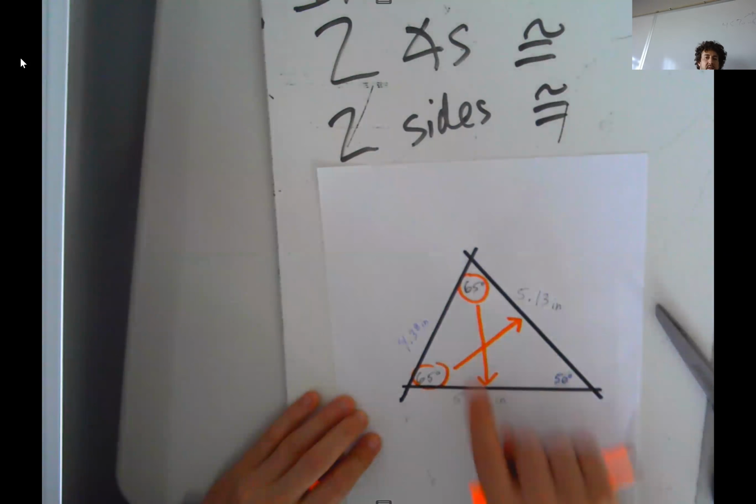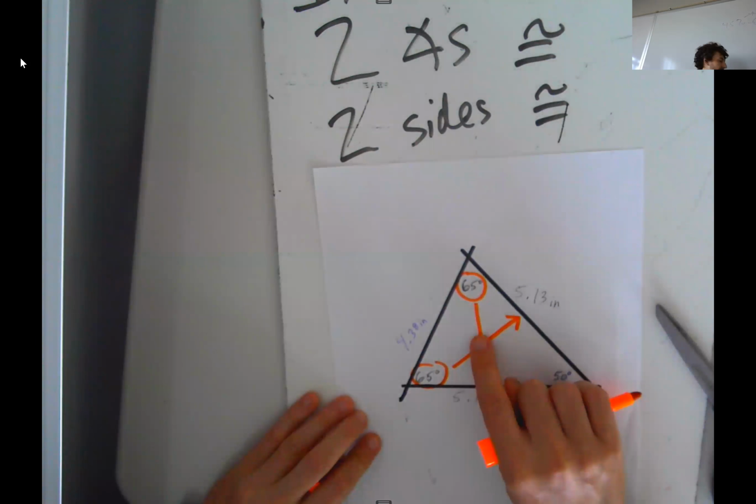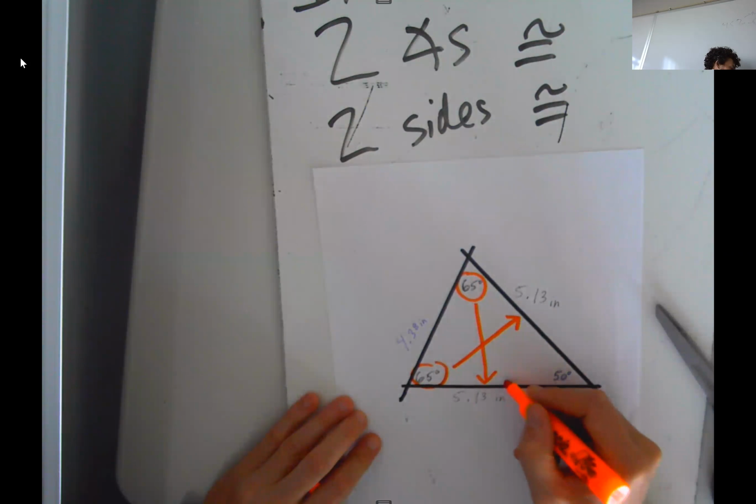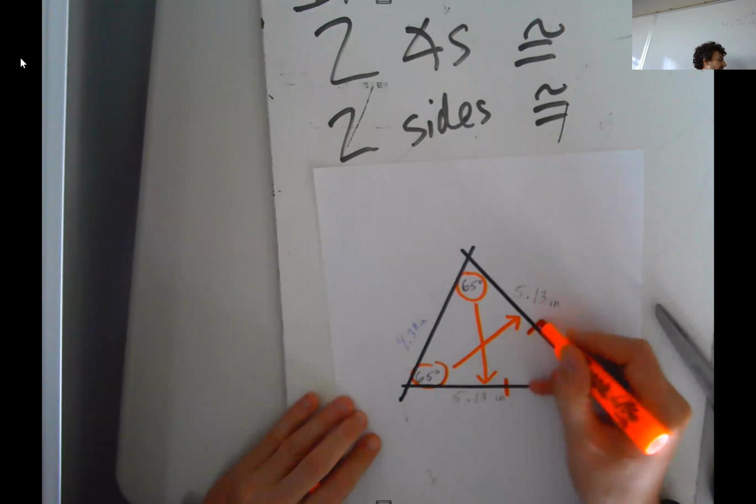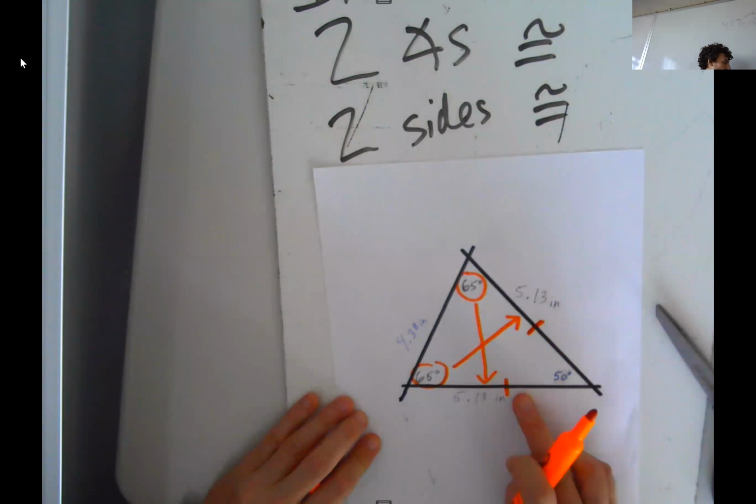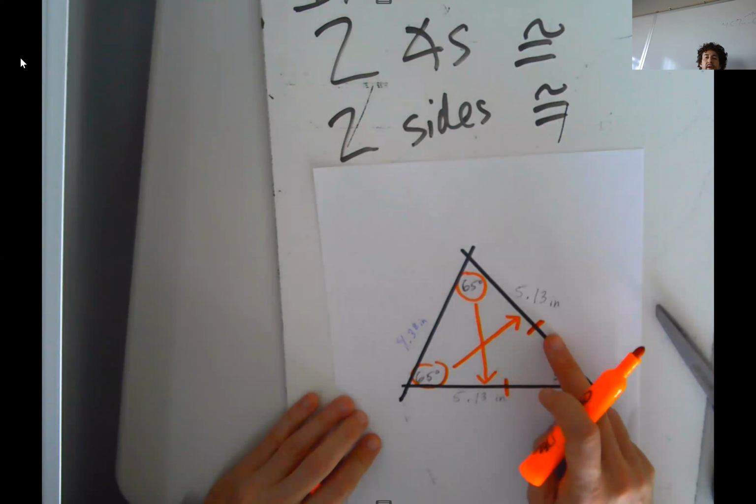And when you go across the triangle, the two sides that you land on, those will be the congruent sides. And if you mark those sides the same way, that shows that you know that they're congruent.